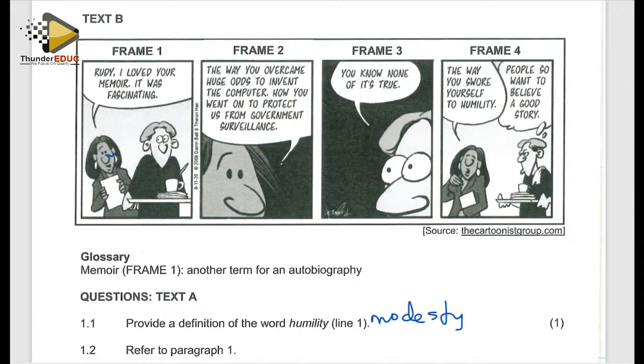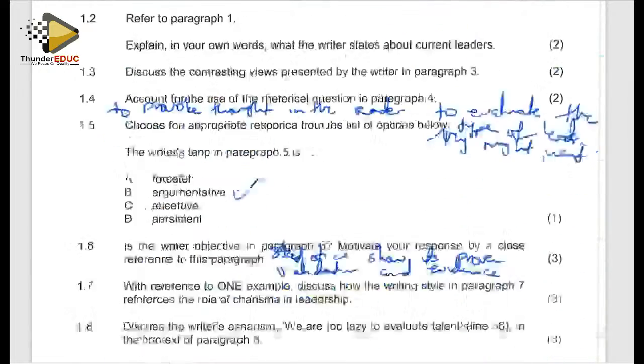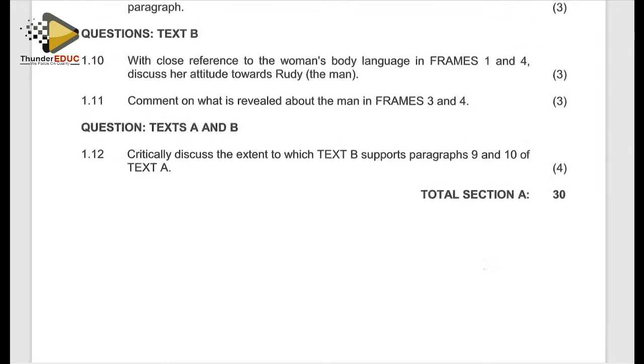We're looking at her, and in frame 1 she is eagerly facing Rudy, with a happy smile on her face. In frame 4, she has turned away from Rudy, and has even closed her eyes, which shows her disappointment. Her attitude at the beginning is enthusiastic, but it becomes disappointed at the end, and that's why she turns her face away. So there were contrasting attitudes there, definitely. And then comment on what is revealed about the men in frames 3 to 4.